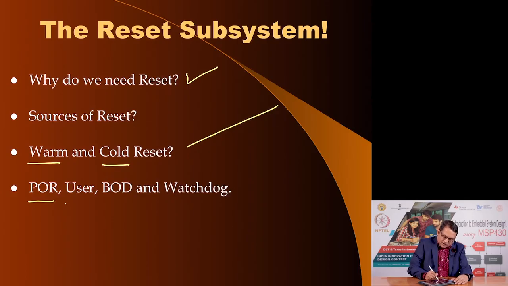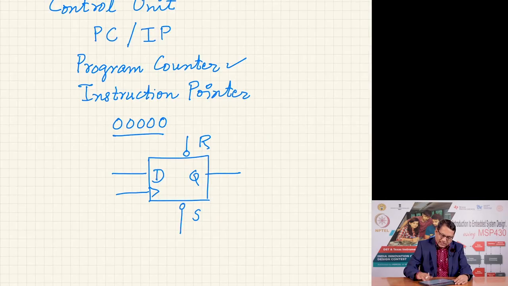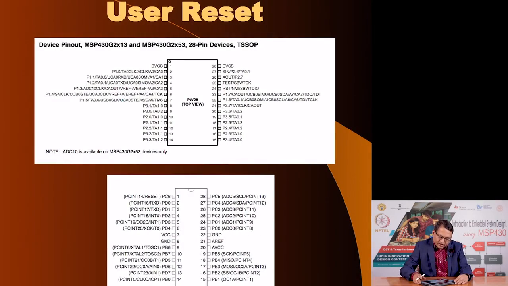Another reset source is the user reset source, and let me show you in the next slide. Here if you look at the pinout of these devices, you will notice that this is the reset pin of this AVR microcontroller, and on this MSP430 microcontroller you have a reset signal somewhere here.